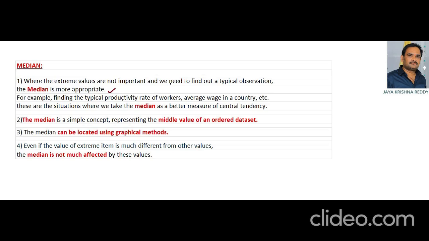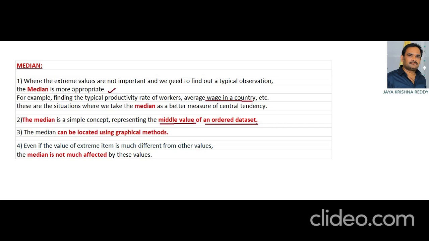For example, finding the typical productivity rate of workers and the average wage in a country, these are situations where we can take the median as a better measure of central tendency. The median is a simple concept representing the middle value of an ordered data set. The data should be arranged in ascending or descending order, and then you have to find the median as the middle value of the data set.